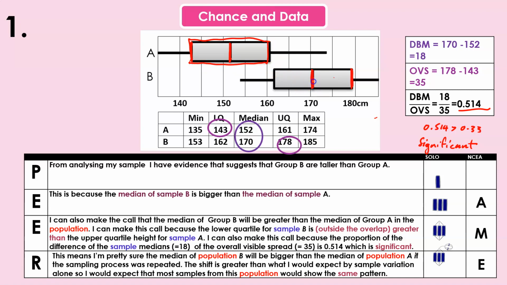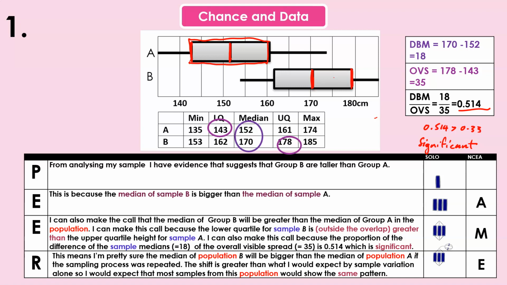So this median is outside the box of A, the upper quartile for sample A. I can also make this call because the proportion of the difference of the sample medians, 18, of the overall visual spread is 0.514, which is significant.